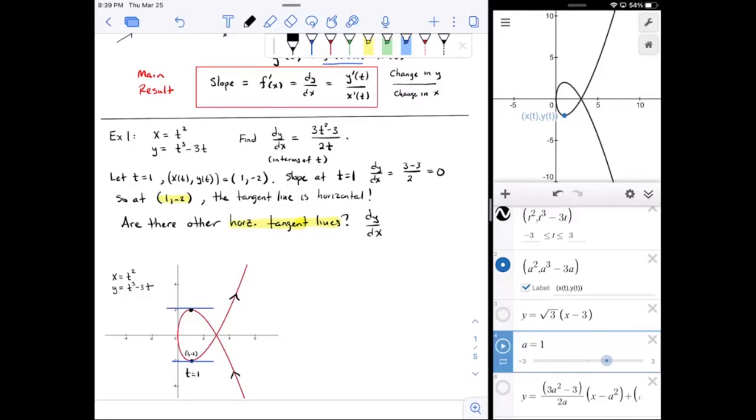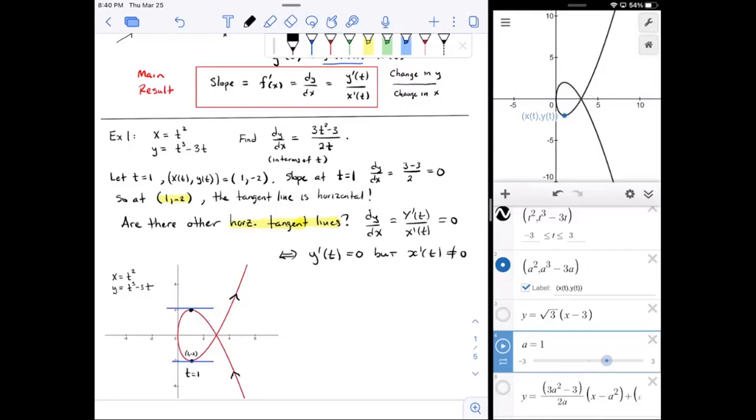So dy/dx, which is y prime of t over x prime of t, has to be 0. Well, that's going to be true if and only if y prime of t is equal to 0, but x prime of t is not. So the denominator is not 0, so the fraction is defined, but the numerator is 0. That's what makes the slope 0.